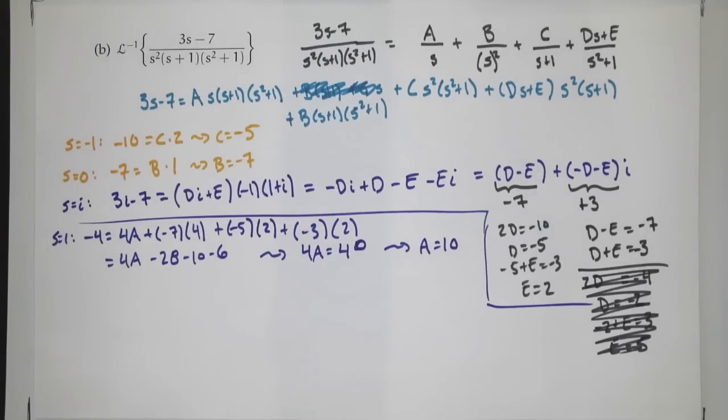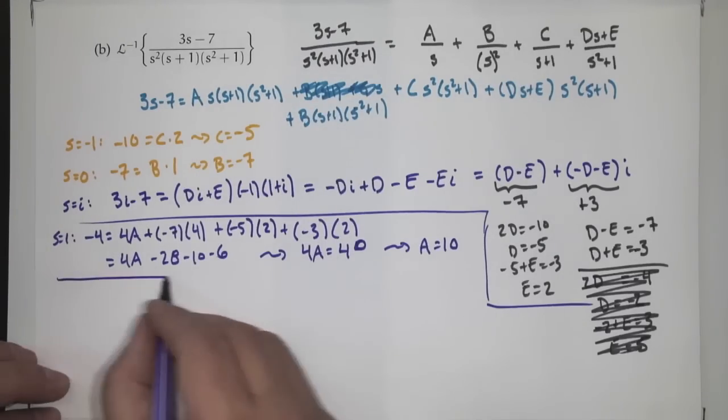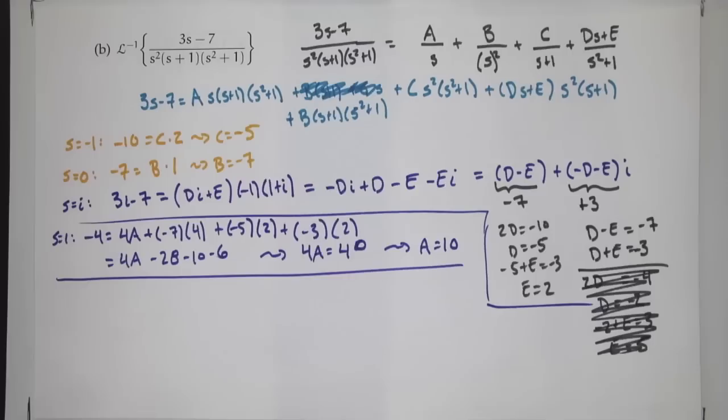All right. So all of this is to say, we haven't done anything with the inverse Laplace yet. The whole thing here is that partial fractions is helping us pull things apart. That's what partial fractions was built for, pulling things apart.